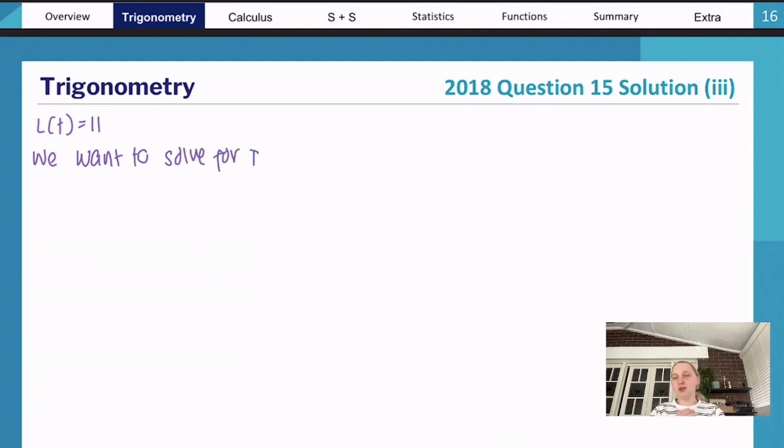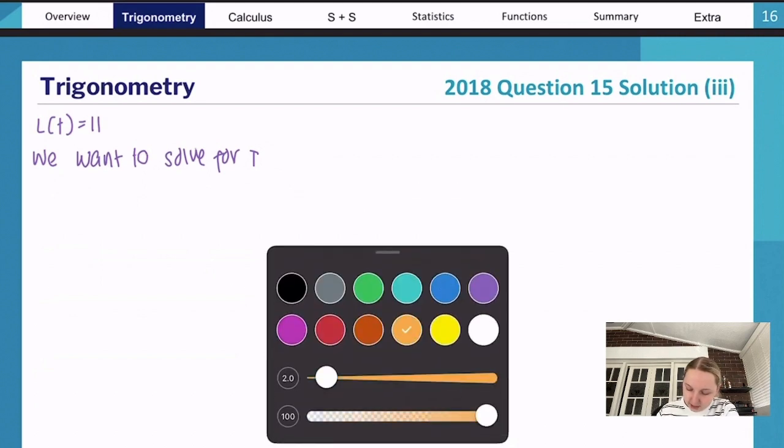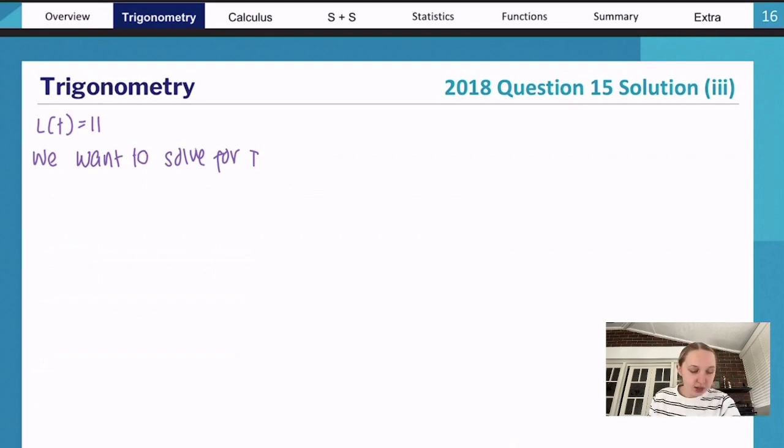This is when we're thinking about our trigonometric function itself and how we can go about solving that. I'm going to change colour so you can see it. So we go 11, which is the L of t they've given us, is going to equal 12 minus 2 cos 2 pi t on 366.